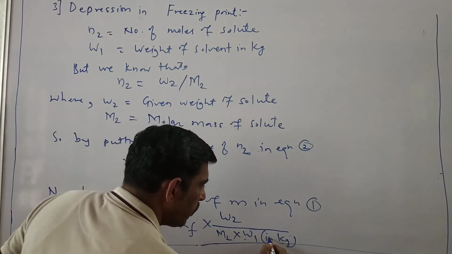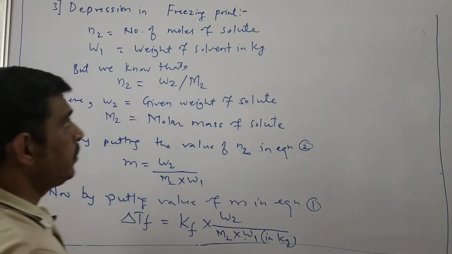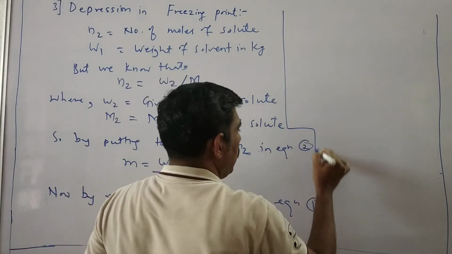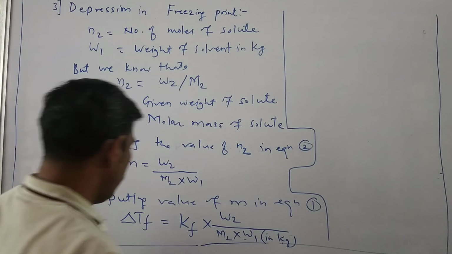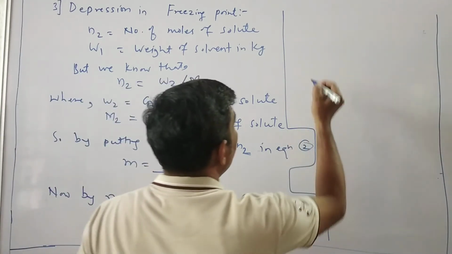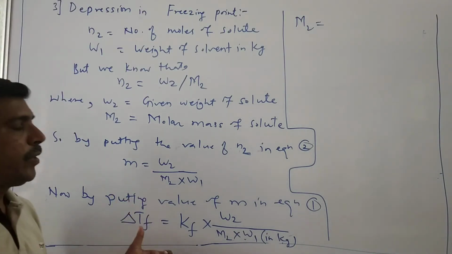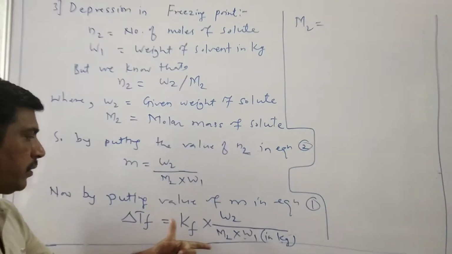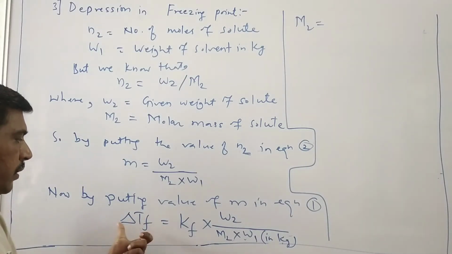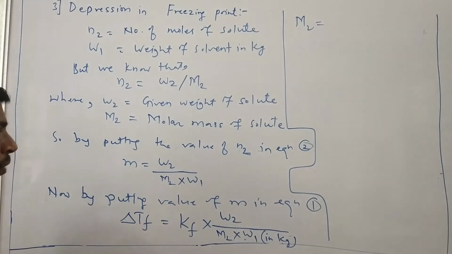This is very important. Because we have to calculate the molar mass of solute, we change the sides of delta Tf and M2.